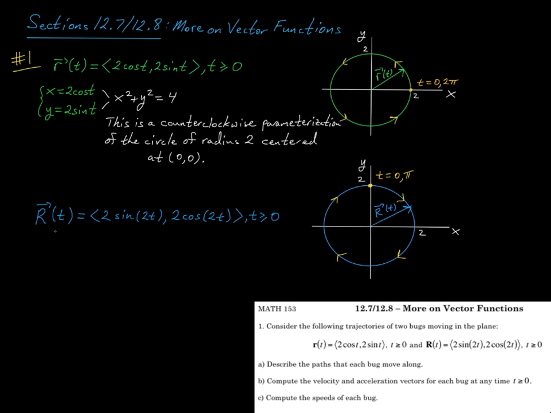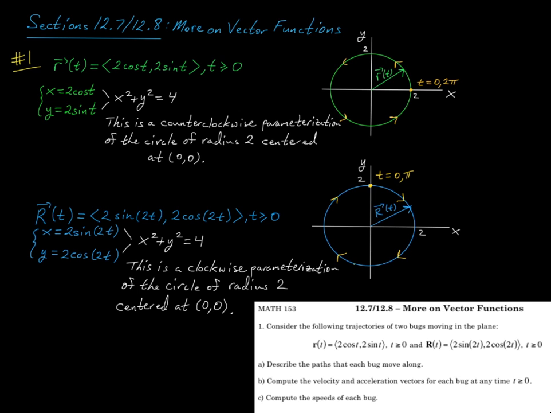Now for capital R of t, we again have a parameterization of the circle of radius 2 centered at the origin. If I look at x squared plus y squared, that's 4 from the Pythagorean identity. But now x is a sine function and y is a cosine function. So when t is 0, the bug is going to be located at the top of the circle at the point 0, 2.